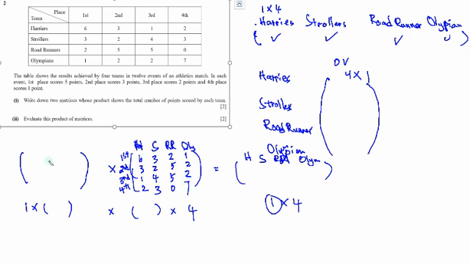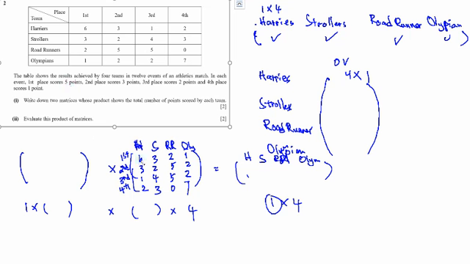Now if you take this multiplied by this, that means to get this value here, it is the first element times the first element, the second element times the second element, the third element times the third element, the fourth element times the fourth element. Now he said that if you got first place, you got 5 points.